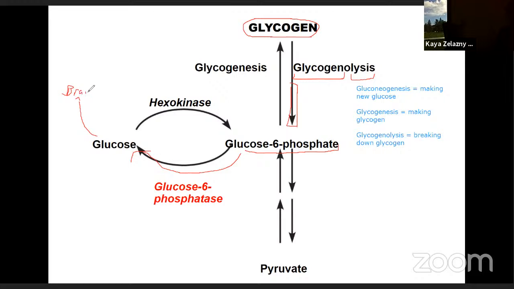That's usually where we're trying to send our new glucose. So this would be an example of gluconeogenesis, because we started with glycogen and now we're making new glucose from this storage molecule of glycogen.